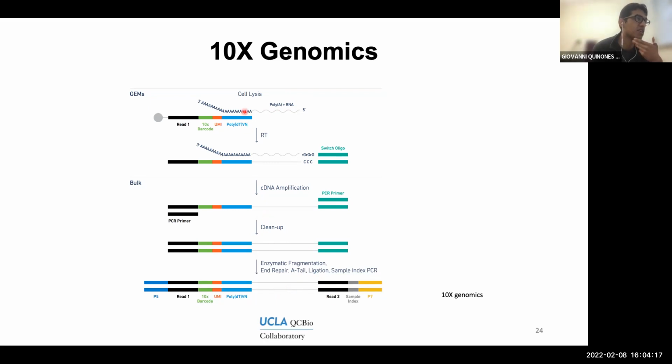In the same way as SMART-seq2, we rely on a poly-T sequence that will capture the poly-A sequence that the messenger RNA should contain at the end. You can think of this step as the fishing step, the capturing step. And once you have captured the molecule, it's just a matter of copying this strand, transcribing this strand, adding some primer on the other end. This part is called template switching. So you'll sequence the other strand as well.